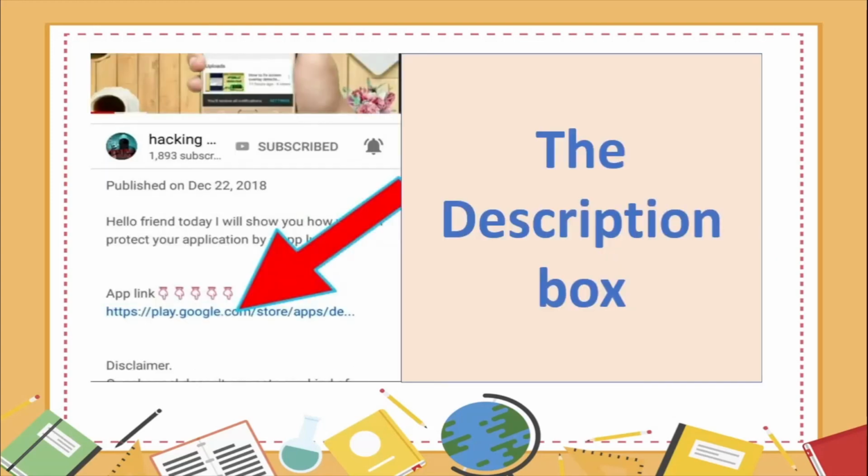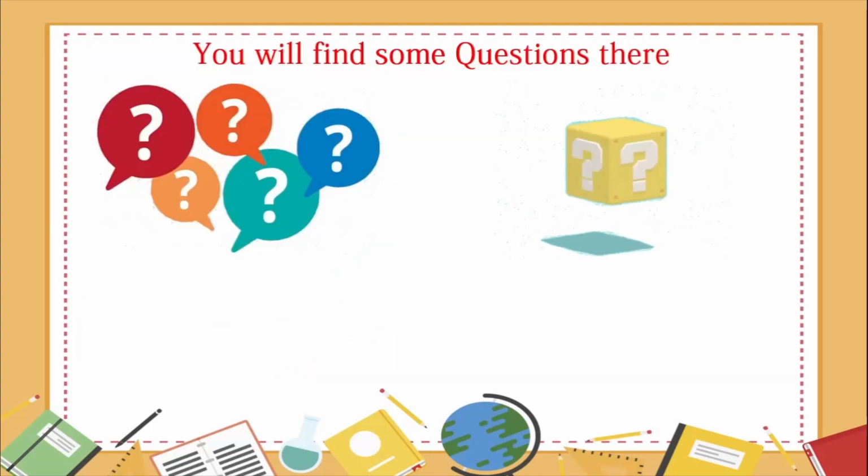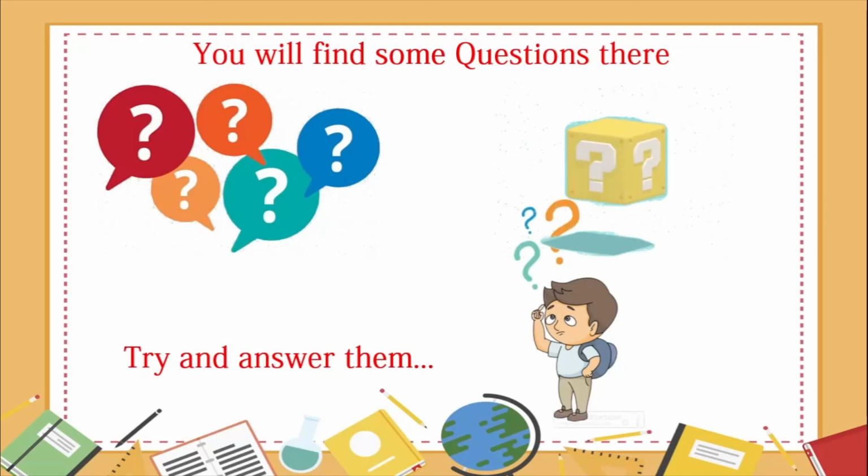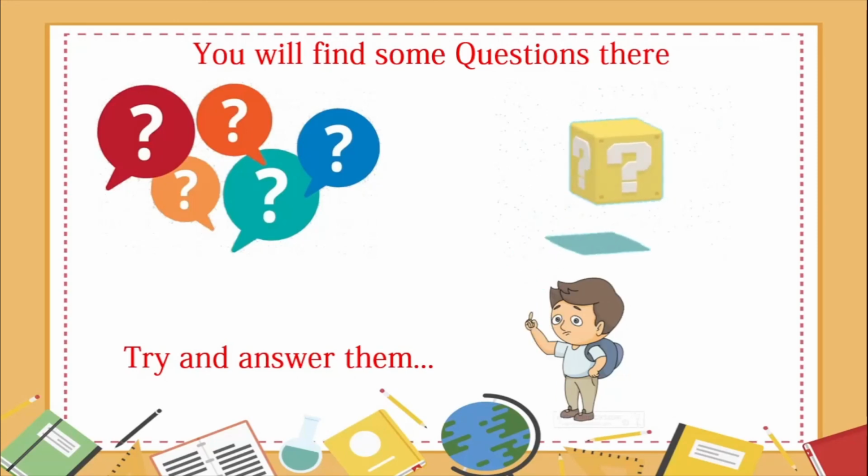See, the description box looks like this. Alright, and after you go to the description box, you will see that there are a few questions there. Now what are these questions about? These questions are about the lesson that we just learned or the video that you just watched. So what will you do? You will think back properly about the lesson and you will try and answer these questions. And note down the answers in your notebook if you want.